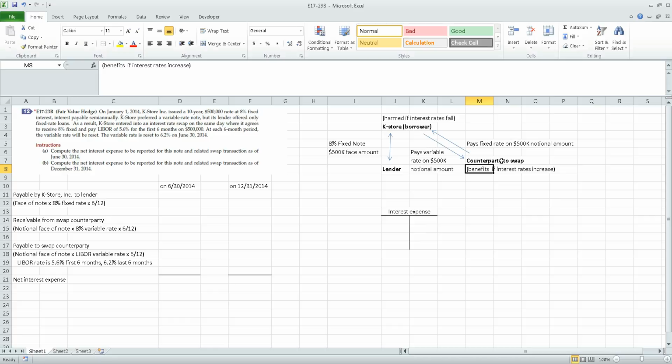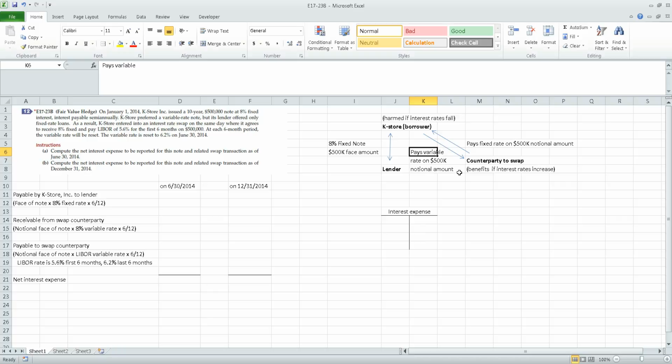So these guys have offsetting risks here, and K-Store enters into an interest rate swap with the counterparty, and this interest rate swap says, okay, counterparty, every 6 months I'm going to pay you a variable rate of interest on a $500,000 notional amount. There is no obligation here, so we call it a notional amount. There's no lending agreement when I say.